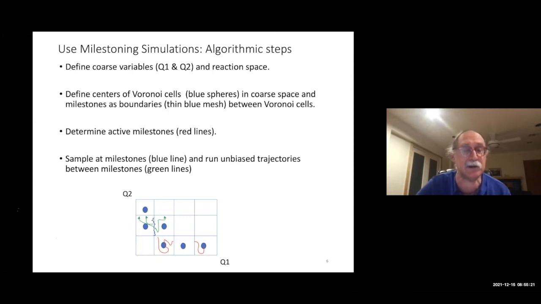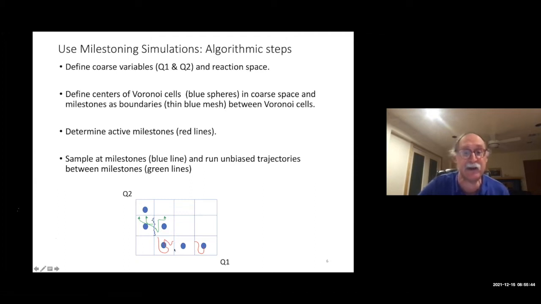But what we do, given those anchors in coarse space, first, we initiate trajectories starting from the anchor, or starting from the blue circle here. And this is the red line that we've seen here. This is a relatively short trajectory, of picosecond length, which we run starting from the center until it hits a milestone.